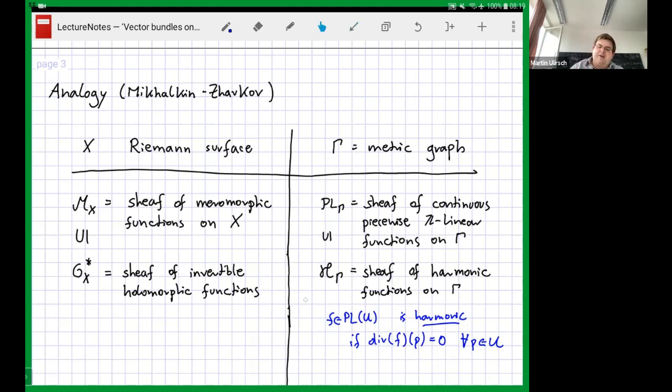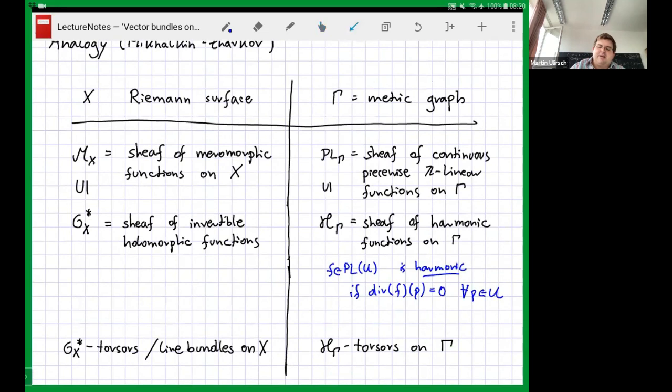And then, of course, one could ask why this is analogous. The point is that you can think about line bundles on X as O_X star torsors, and this is a well-known connection between the two things; they are the same thing up to isomorphism. Then you can define line bundles on your metric graph as H gamma torsors on gamma. The theme that I want to communicate is that directly defining line bundles, although Mikhalkin and Zharkov managed to do it, can be problematic in tropical geometry, to say the least.